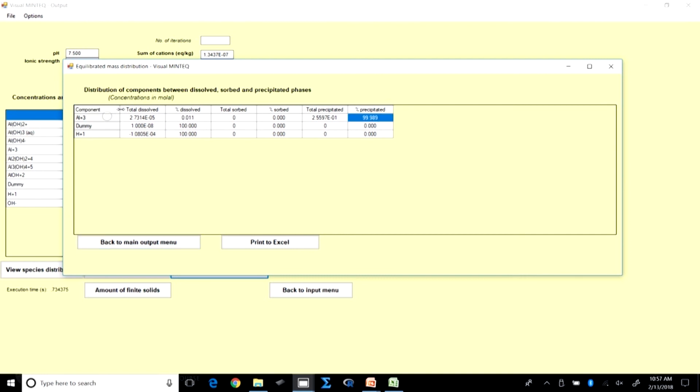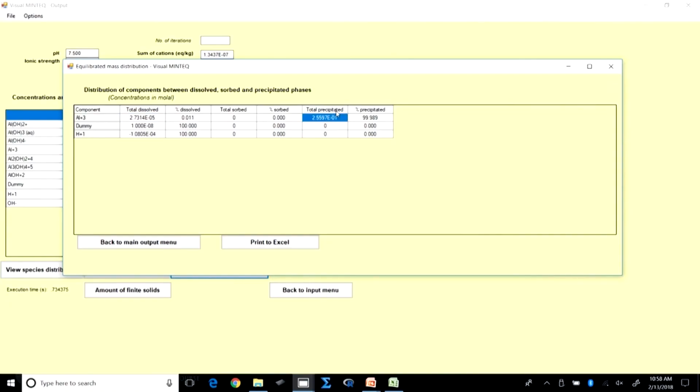Al3+, almost 99.9 or 100% has precipitated out, and less than 0.1% is in the dissolved phase. So what is the concentration of your precipitated solid? That's more or less equal to what you plugged in earlier, which was 0.256 molar Al3+.